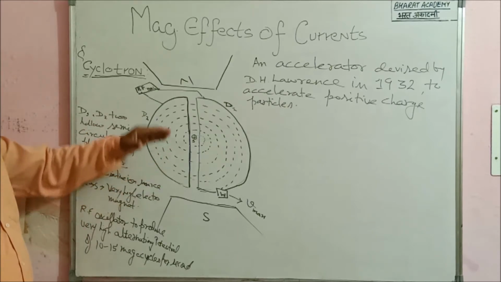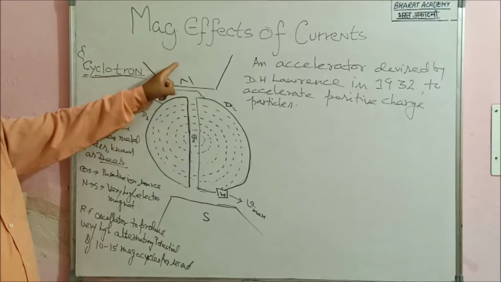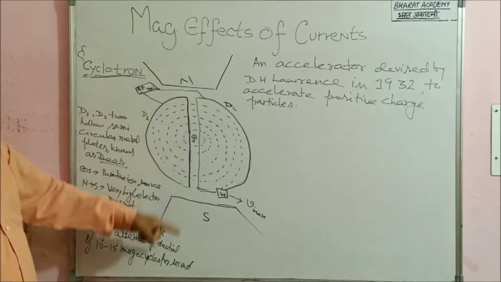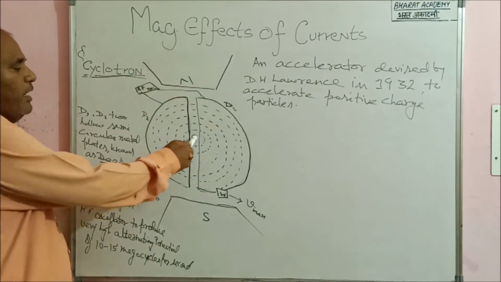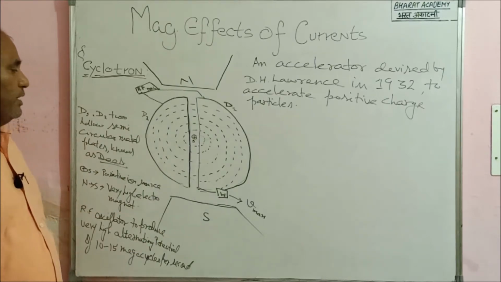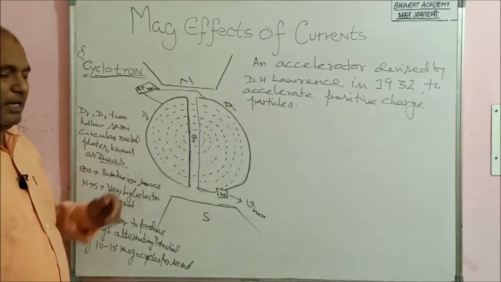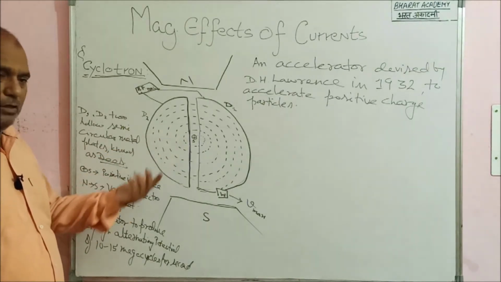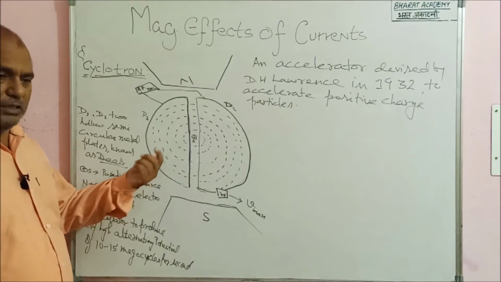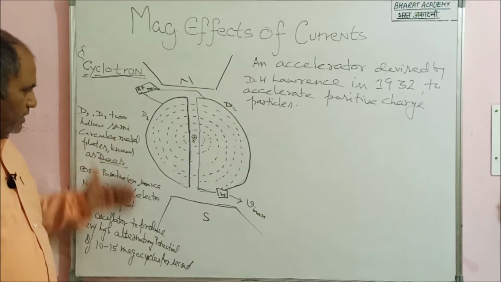On both sides of this system, a perpendicular magnetic field produced by an electromagnet is applied, and a positive ion source, which I have represented here as plus S, is placed between the gaps of the two Ds. This positive ion source consists of either hydrogen or deuterium to produce the positive ions, proton or deuteron. This is the basic construction.